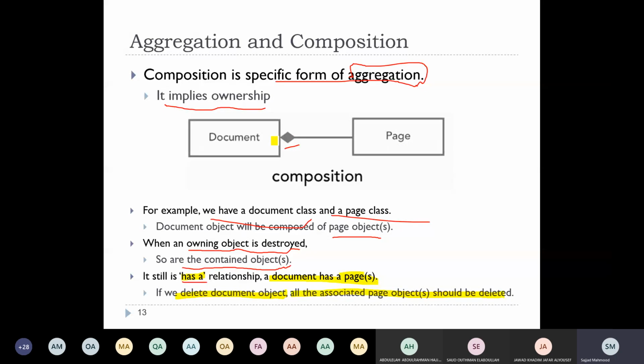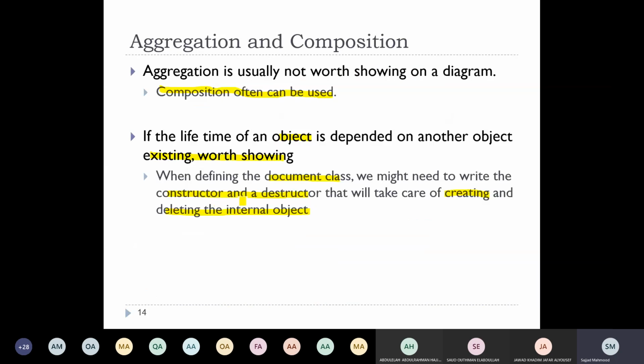As a result, when I write a piece of code, I'm going to make sure, as part of the constructor, that I create a page object if it doesn't exist. And as part of the destructor, I want to make sure that I delete them if the document object itself is deleted.